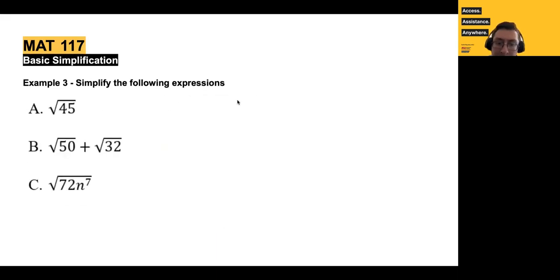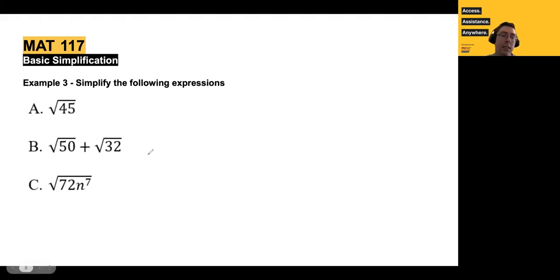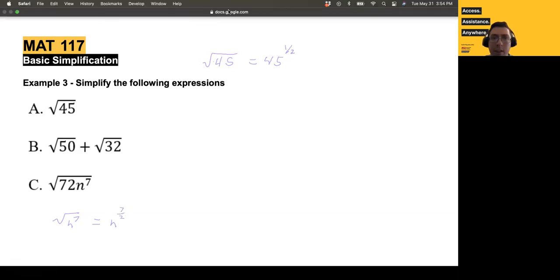That was just my choice to do that. Square root of n to the 7, you can write it as this, because anything in a square root is the same thing as raising the input of the square root to the 1/2 power. So that's why for square root of n to the 7th, I just put it as n to the 7th over 2. Either way will suffice though.